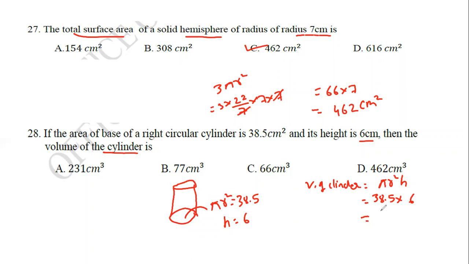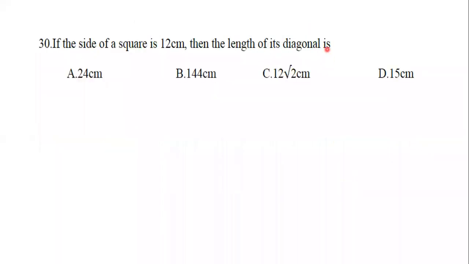So simplify this one, you will get 231 cubic centimeter. Which option is right? Option A is correct. So instead of this base, you can apply pi r square. Area of the base is pi r square, directly in this place, pi r square is equal to 38.5. Multiply this one, you will get 231 cubic centimeter. Option A is correct.